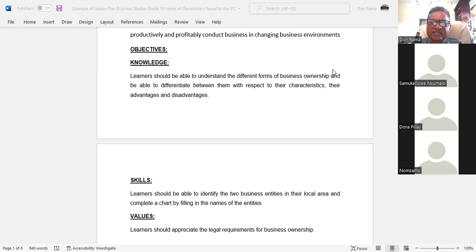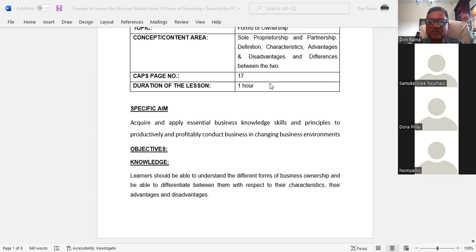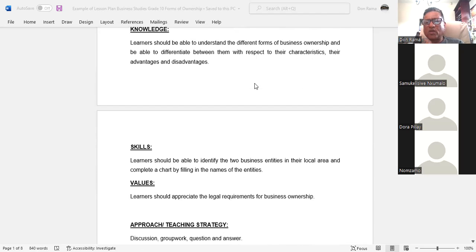So you see this part here is related to this concept and content area. What we write in our knowledge objective, they must understand these things that we write in this concept content area.